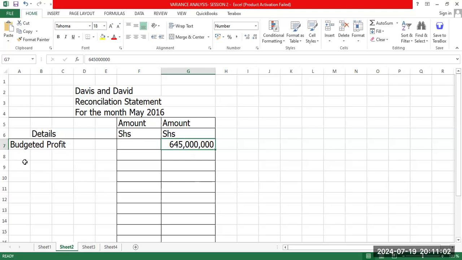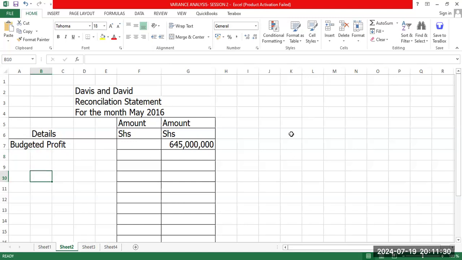Then, once you put this one, adjust it with variances. Your variances are the ones that are going to help you reconcile, so that at the end of it all, you can get the actual profit.